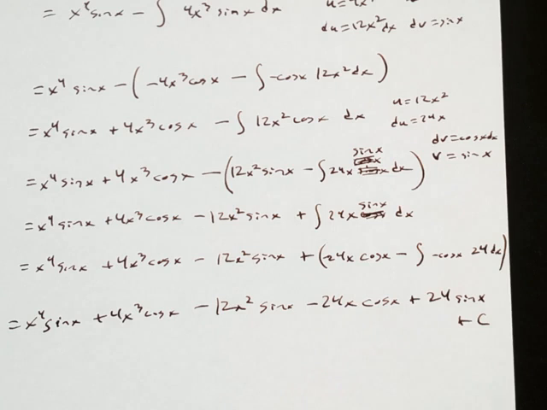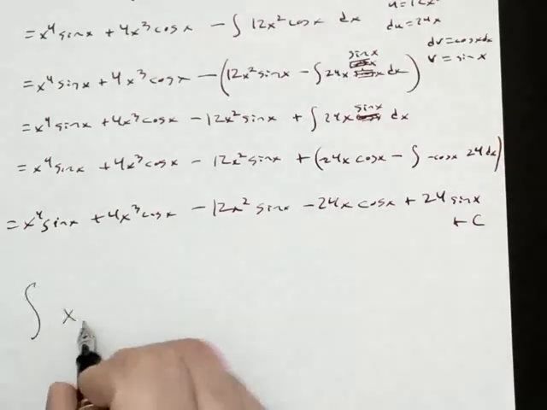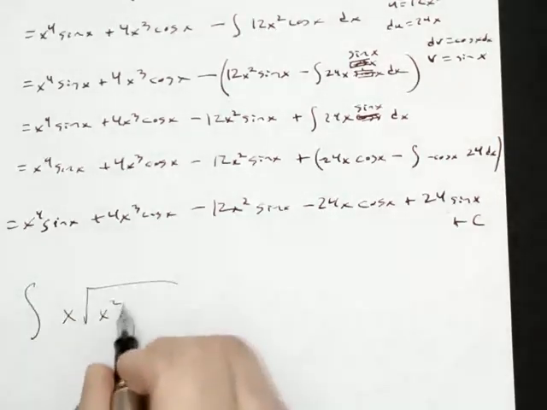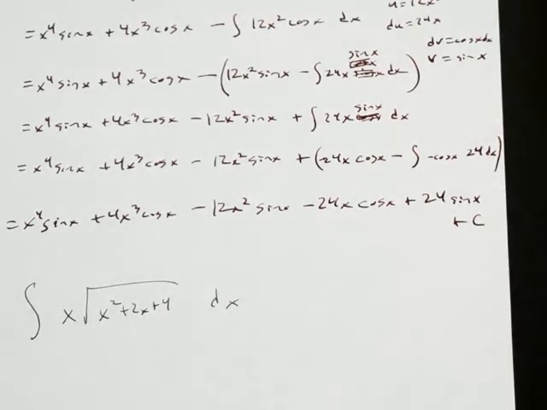That's a pain. And this one's even worse, because under that square root, it's not something squared, it's x squared plus 2x plus a number.